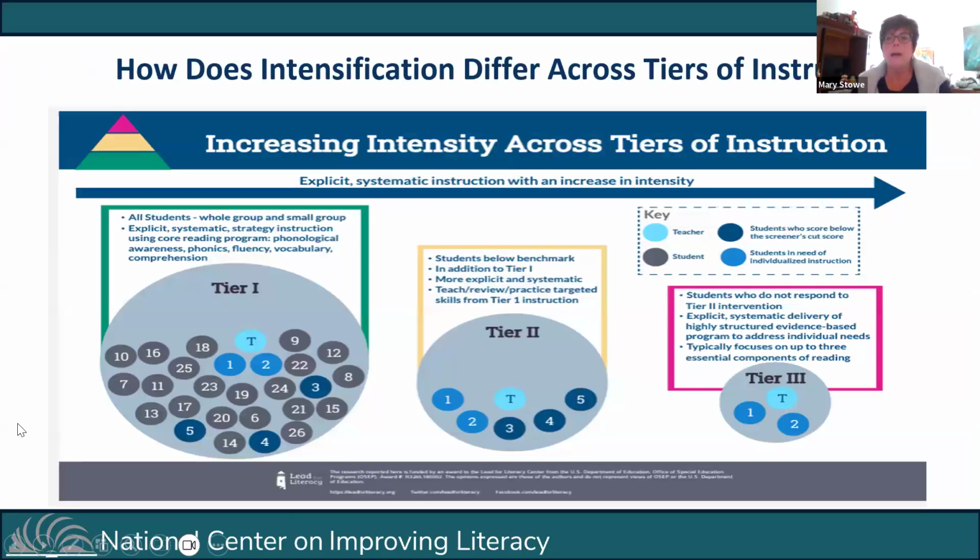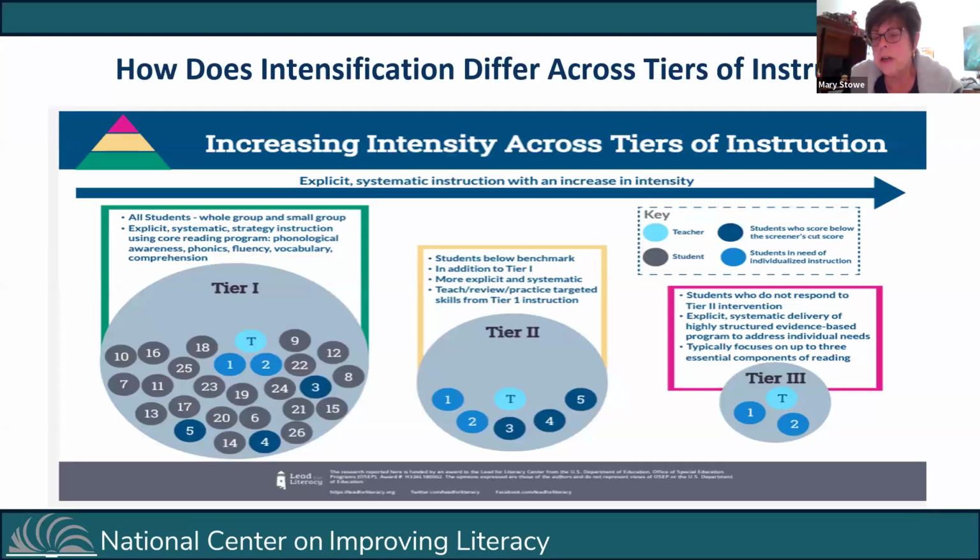So when we are thinking about and moving into the next piece of what we're going to talk about and think about, I want us to consider tier 1, tier 2, and tier 3. And we've talked a little bit about that. At tier 1, this is where we're going to provide the instruction for all students.